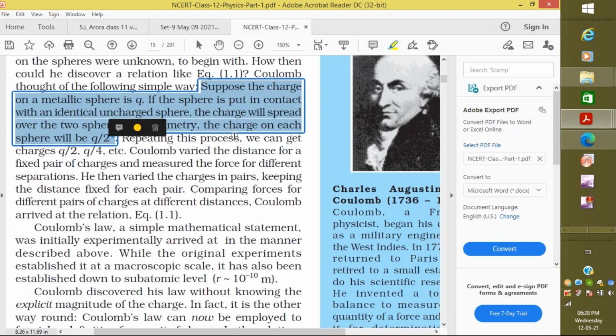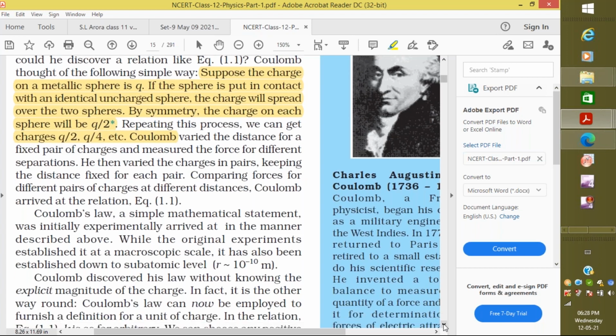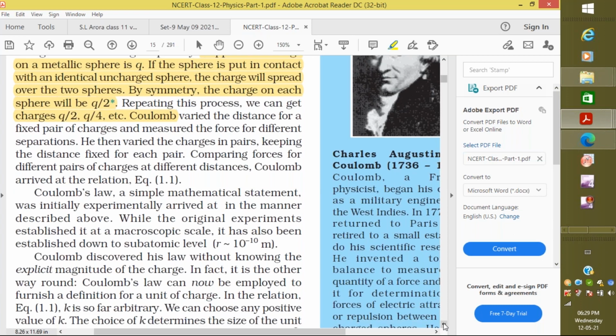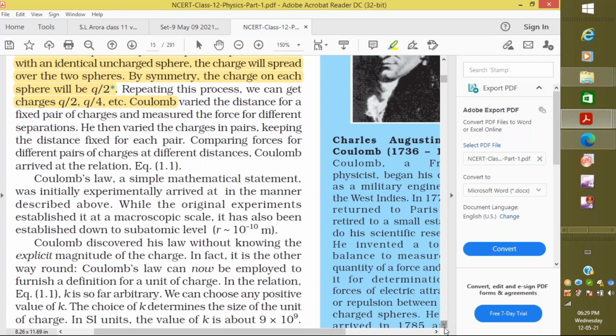Now he measured the force keeping two equal charges, then keeping two unequal charges, and at that time he did not vary the distance. Finally he varied the distance when the charges were kept the same. There were various observations he made, and from there he could deduce this law.